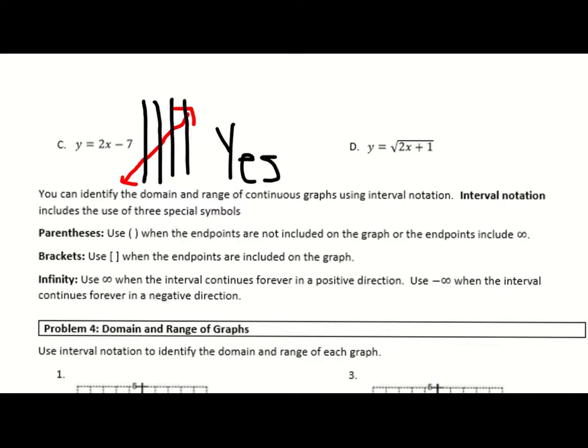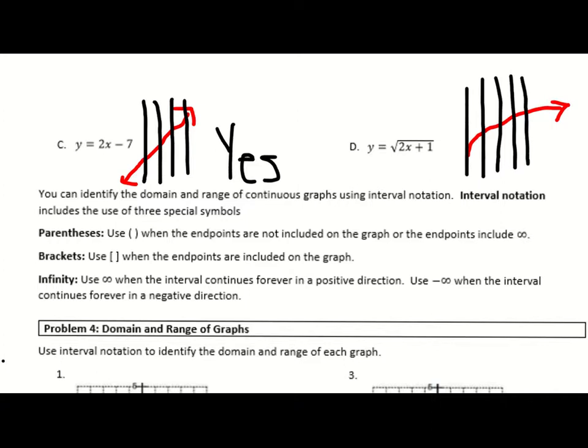Now for part D, y equals the square root of 2x plus 1. The graph of that gives us a little curve that shoots off like so. For this one, when I draw my vertical lines, again, I'm only touching the graph one time because it's a curve.